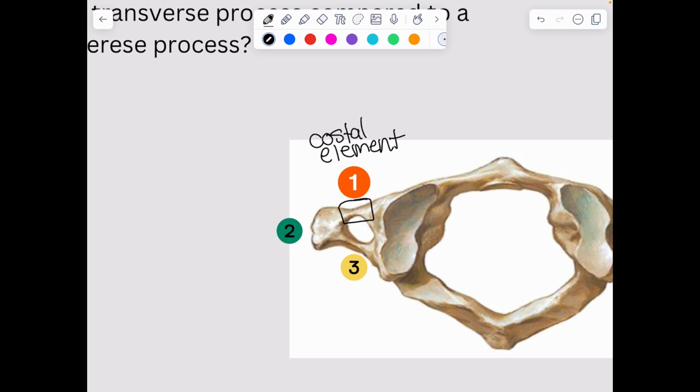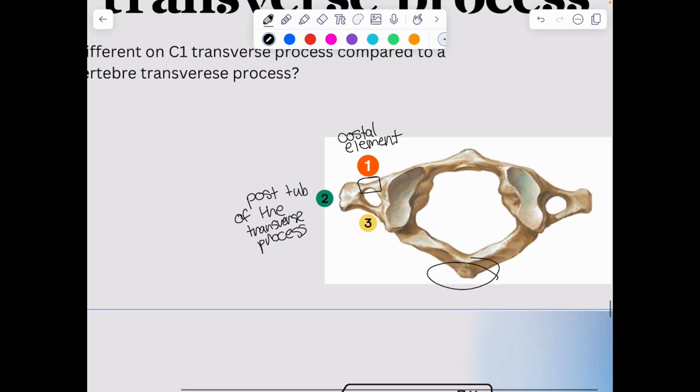We have number 2, which is going to be our posterior tubercle of the transverse process. Because remember, where else do we have one? On the posterior arch. So you have to be specific. And then number 3 is our true transverse process.